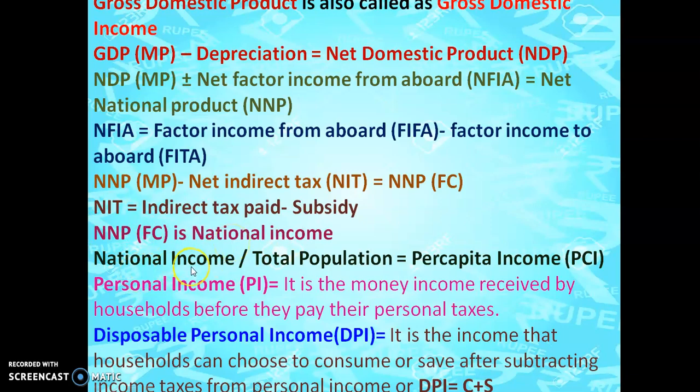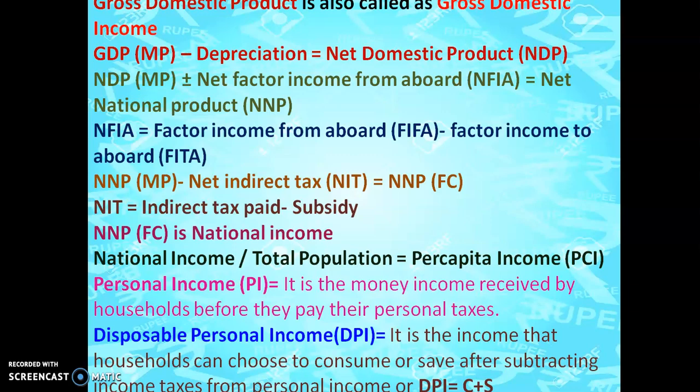When national income is divided by the total population of that respective country, we get the per capita income. Now, what is personal income? Personal income is nothing but the income received by households without paying any taxes and everything.